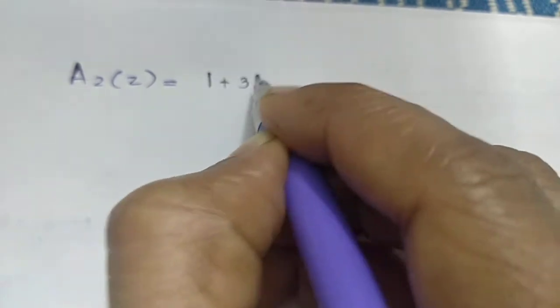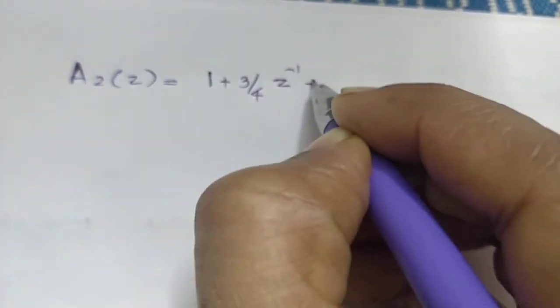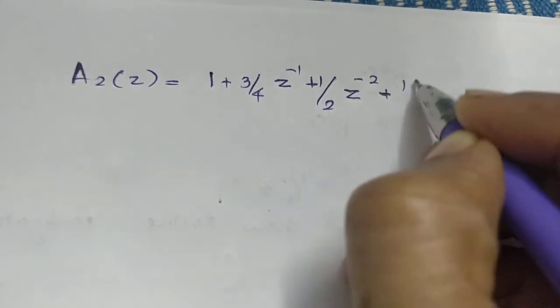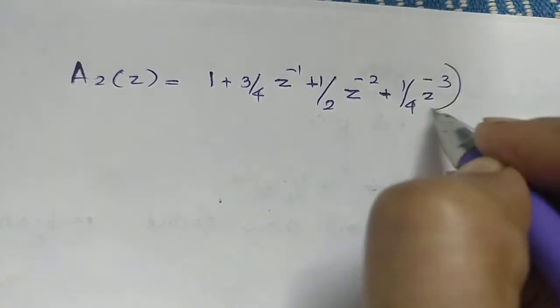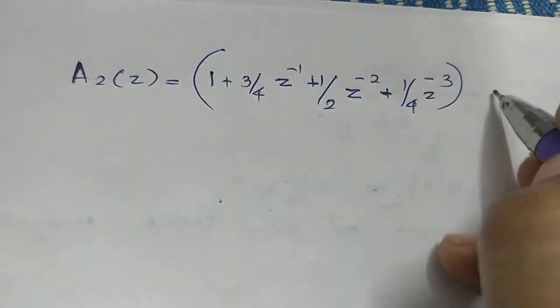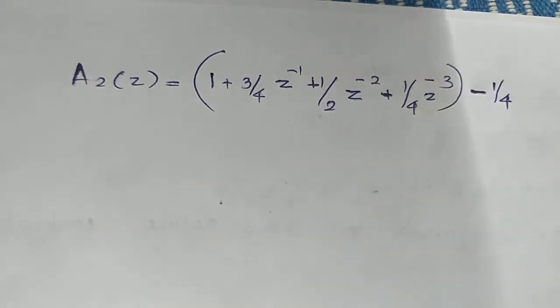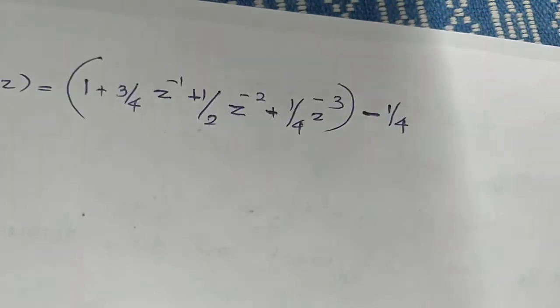While simplifying, we get A2 of z is equal to 1 plus 3/4 z inverse plus 1/2 z raised to minus 2 plus 1/4 z raised to minus 3. This is the Am of z term minus Km value 1/4. I am multiplying Bm of z with 1/4.